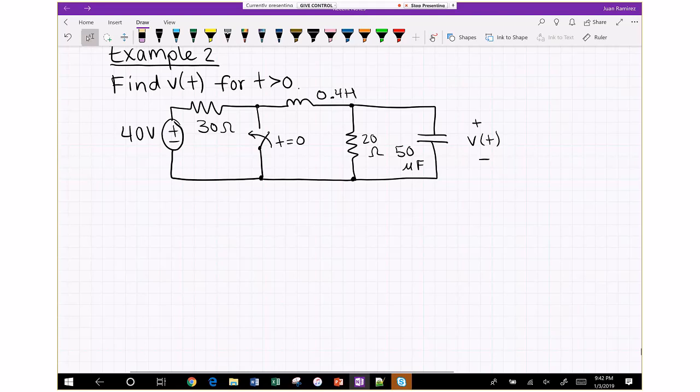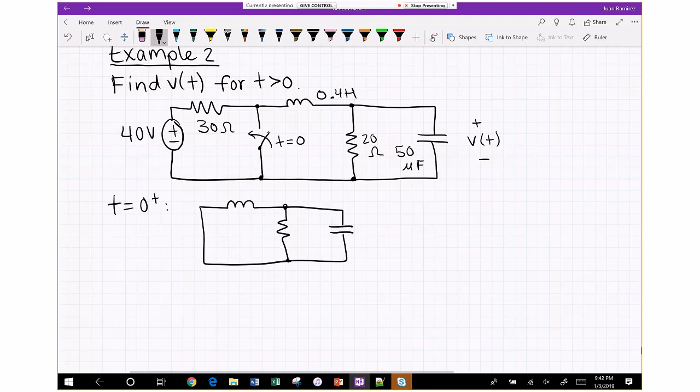So if we're taking a look at the circuit right after zero, it looks like this. And although it looks a little bit funny, that inductor, resistor, and capacitor are all in parallel.